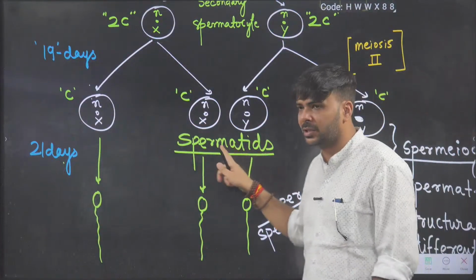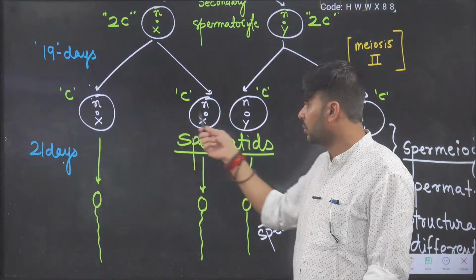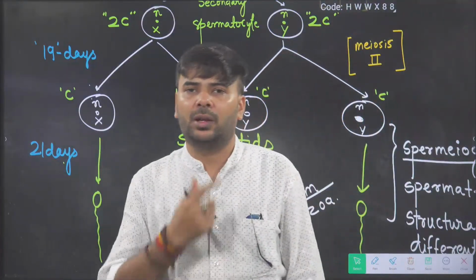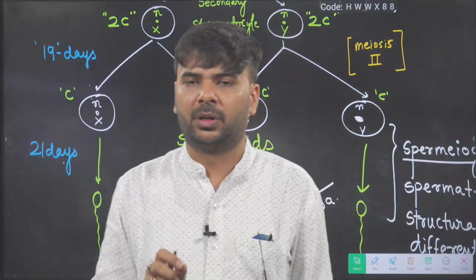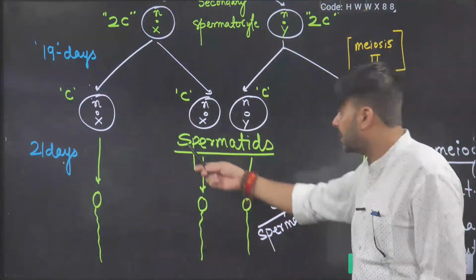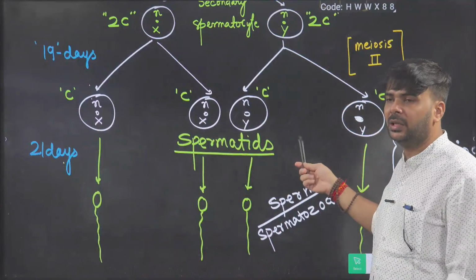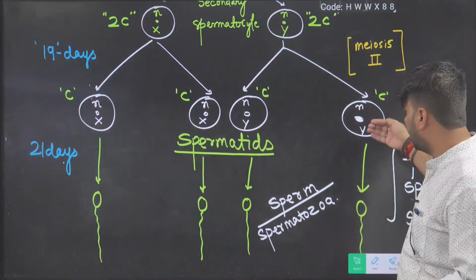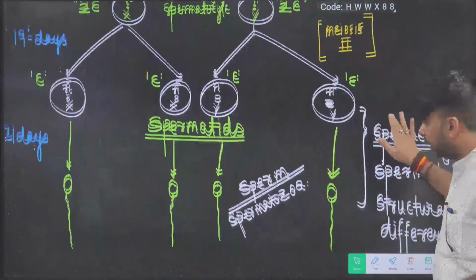These are called spermatids, not sperm. These round cells are called spermatids. These round spermatids undergo one step of maturation, and after that maturation, they are sperm.